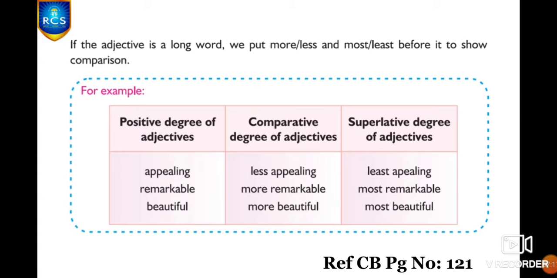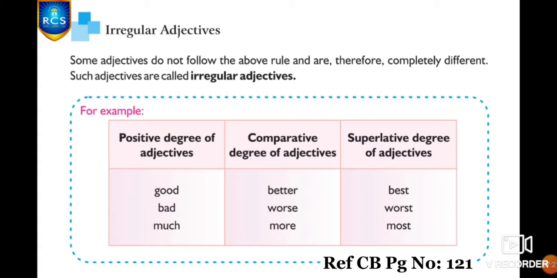Yes, are you all clear about these two things, children? The first one is irregular adjectives. The adjectives that do not follow the above rules are called irregular adjectives. For example, good, better, best, bad, worse, worst, much, more, most.